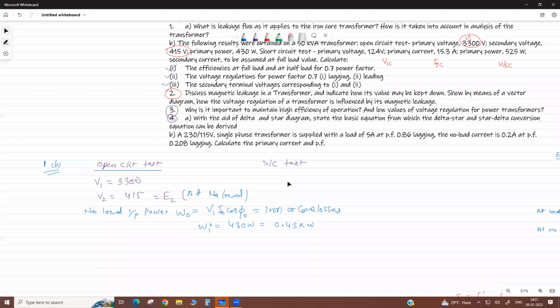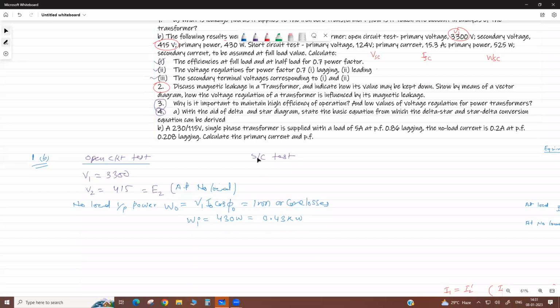Now on short circuit test. In short circuit test, here we apply the reduced voltage because in open terminal voltage, this is your transformer suppose, and this secondary is kept open.